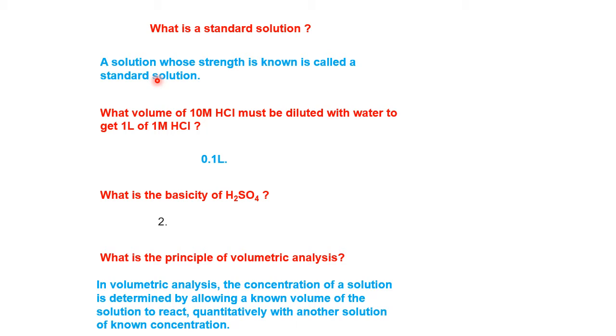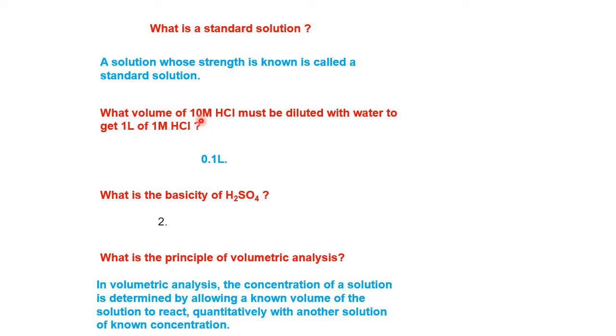That means I have fixed the molarity, the strength. So keeping strength in mind, when we weigh and prepare, that solution is called a standard solution, which is prepared in a special apparatus known as a standard flask that I showed during our practical demo.